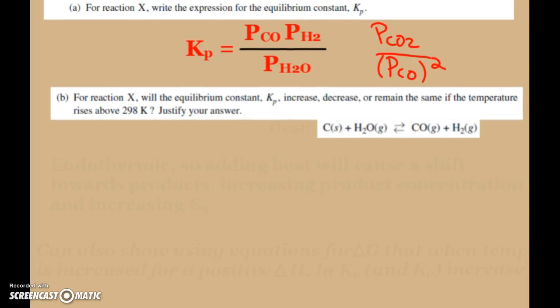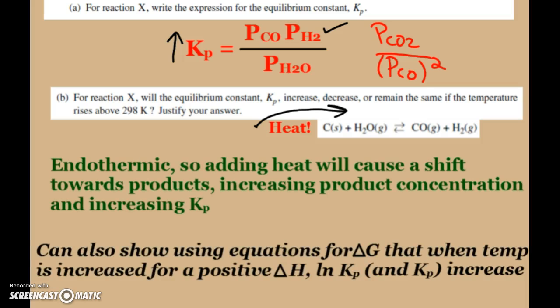If I have an endothermic reaction, that means heat is on the reactant side. It's treated as a reactant. So if I add heat, poke the heat, I'm going to make the reaction go that way. I'm going to form more products. More products in the numerator of my Kp expression will mean my K value is going to increase.